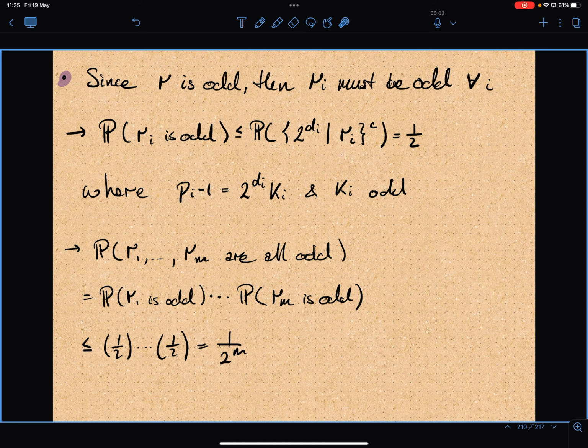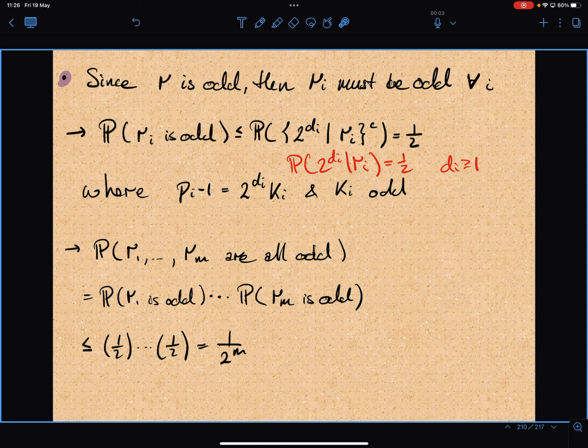And then this is where we use the statement for the base case. For the base case, we had that the probability that 2 to the di divides ri is equal to 1/2. In particular, we also have that di is greater than or equal to 1.